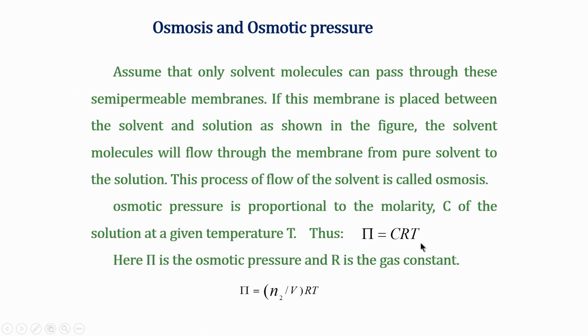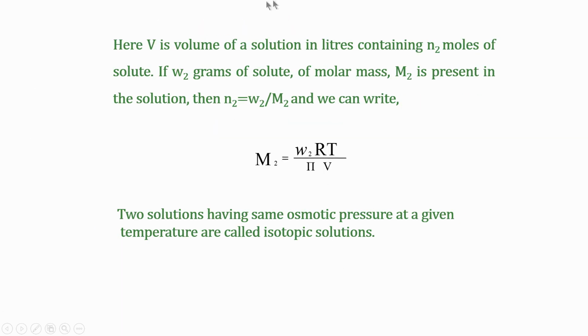I can write concentration as number of moles divided by volume, so pi is equal to N2 by V into RT. V is the volume of the solution in liters containing N2 moles of the solute. If W2 grams of solute of molar mass M2 is present in the solution, then N2 would be W2 by M2. So, I can write M2 equal to W2 into RT by pi into V.